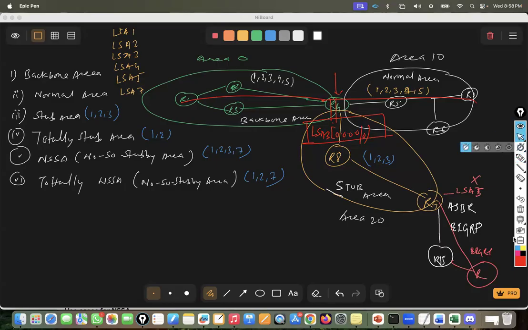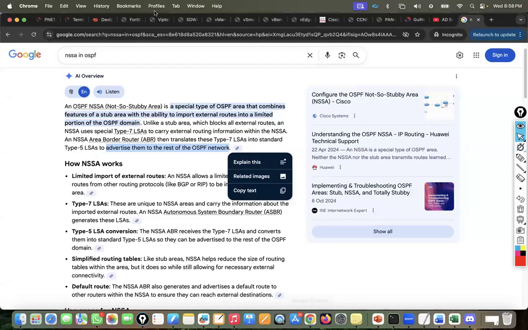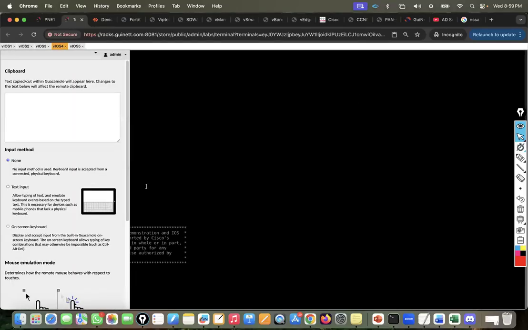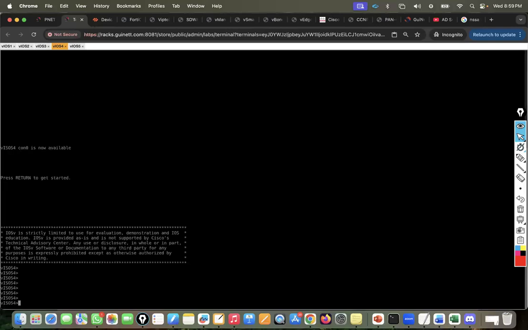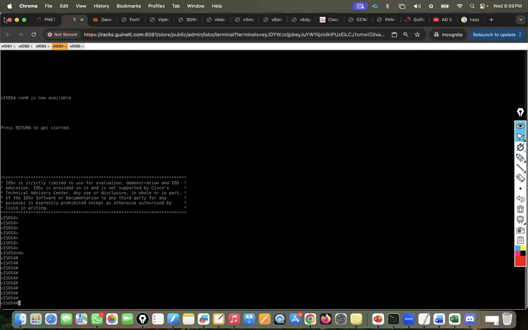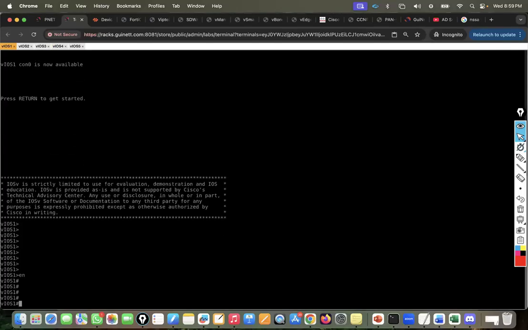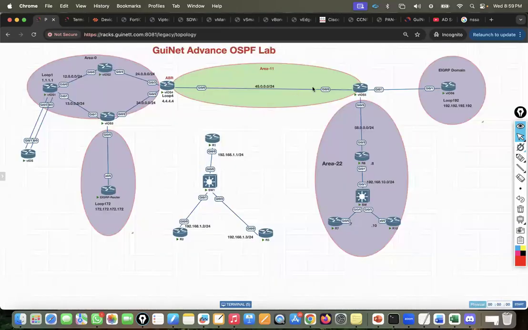So now let's understand all the LSAs one by one. We'll keep this diagram open. So here let's validate how the LSA is going to look. If I go here, R1, we don't have any special area right now, you see?